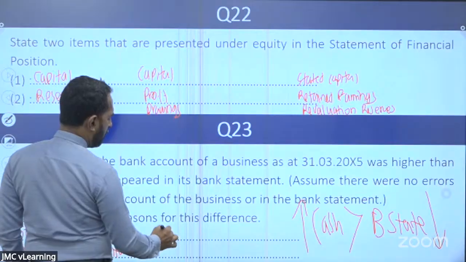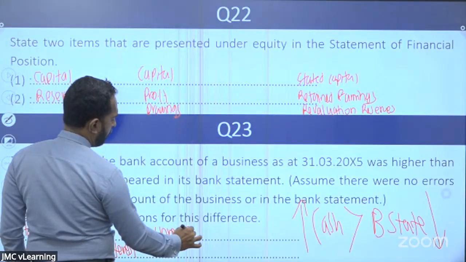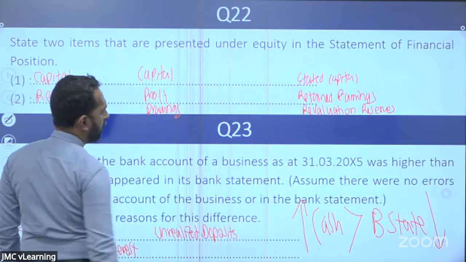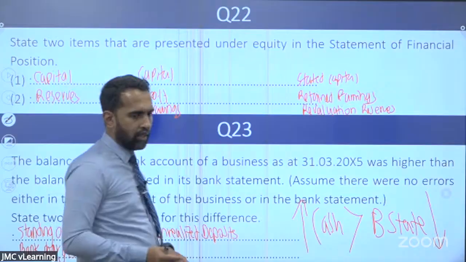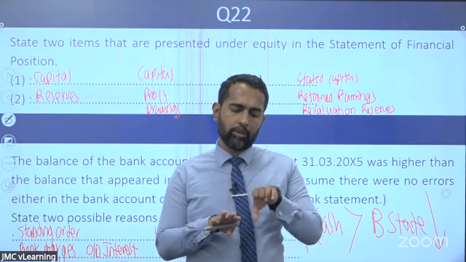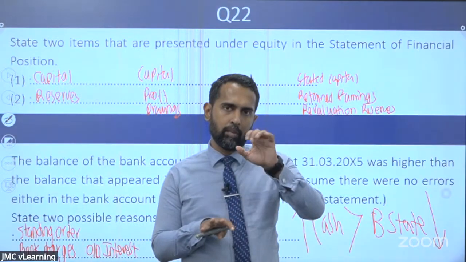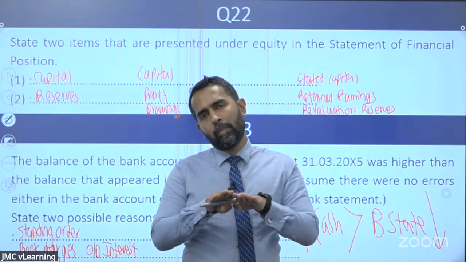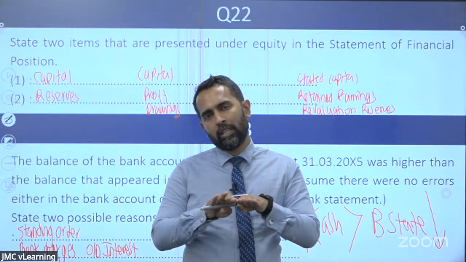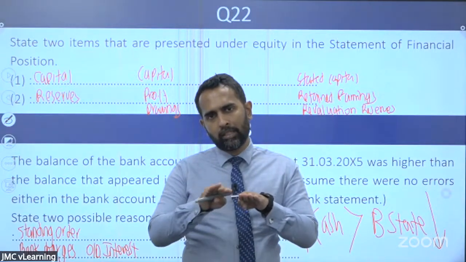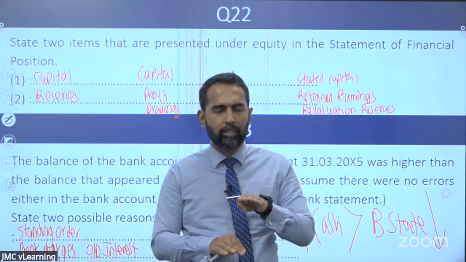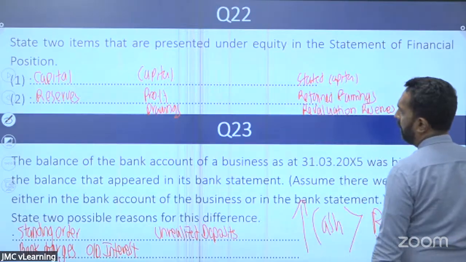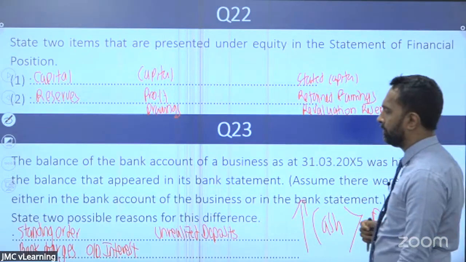There can be unrealized deposits, right? Because of the unrealized deposits, the bank balance would be higher. So you need to figure out the reasons where the cash book balance is high. Because of the unrealized deposits, it has not come to the statement yet. Or why the bank statement balance is lower. There are standing orders, bank charges, checkbook charges, interest expenses, like that. Right? Very easily, you can arrive at the answers.